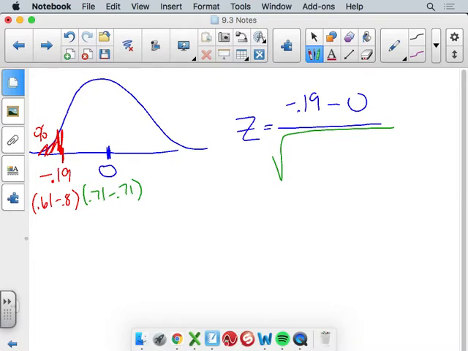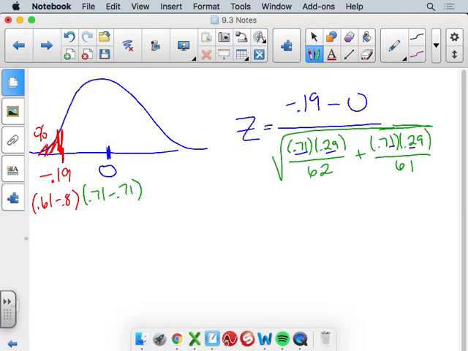You do what you assume the true proportion is times 1 minus it over sample size of 62, plus the claim times 1 minus the claim over sample size of 61. These values are just what we're claiming there.